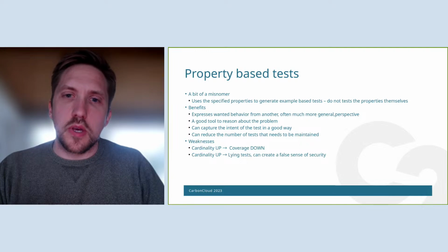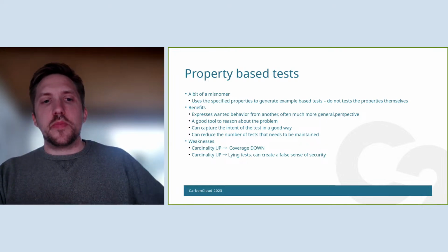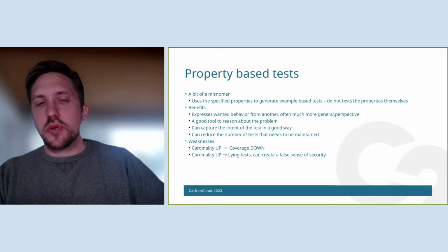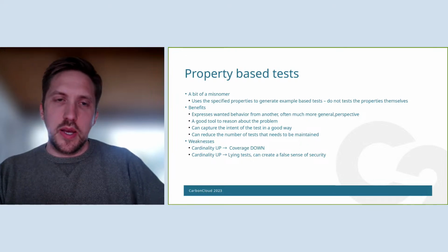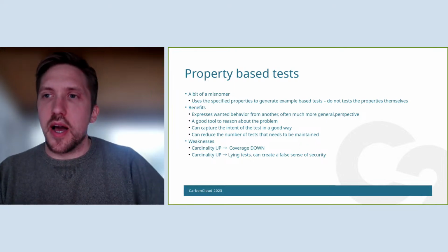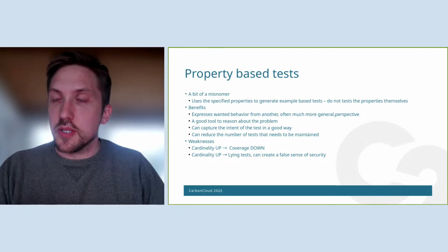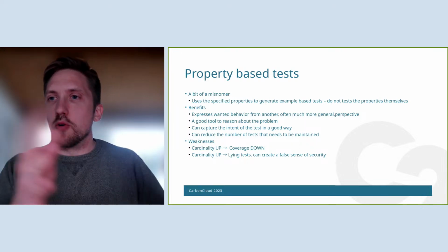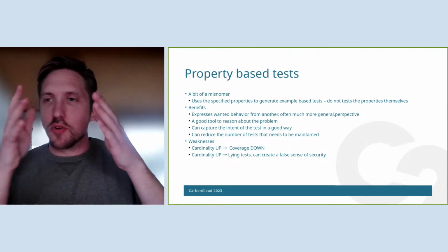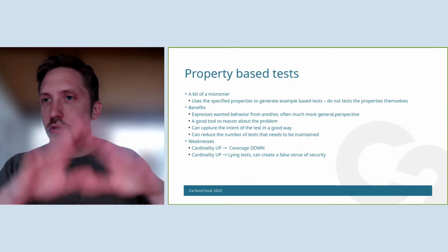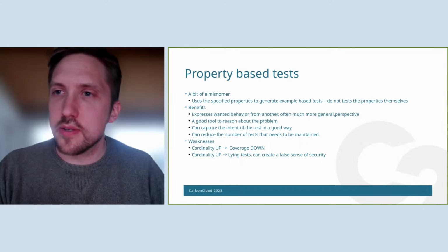This can go that, in a sense, the higher the cardinality goes up, the more the example-based tests lie, right? And that's a good thing about the example-based test, because usually they only say, with this input I should get this output, and I do. They don't try to say anything else, or they shouldn't.